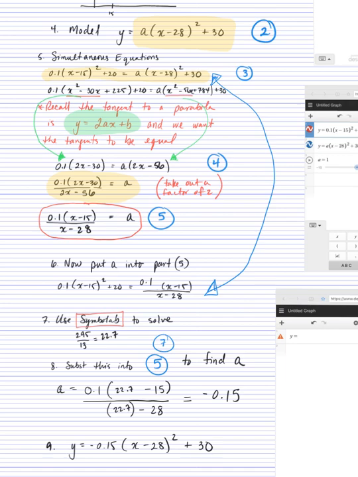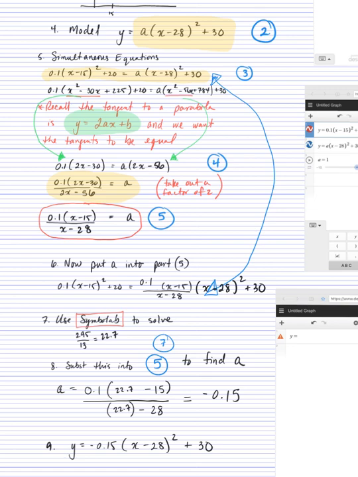All right, so I end up with 0.1 times (x minus 15) squared plus 20. And then when I simplify this one down, I have 0.1, I'm sorry, I forgot a bit of the equation here, so I'll write it in there. The last part of this is (x minus 28) squared plus 30.